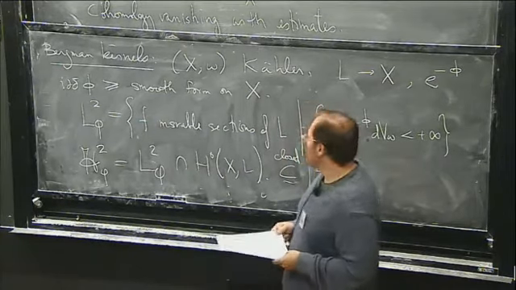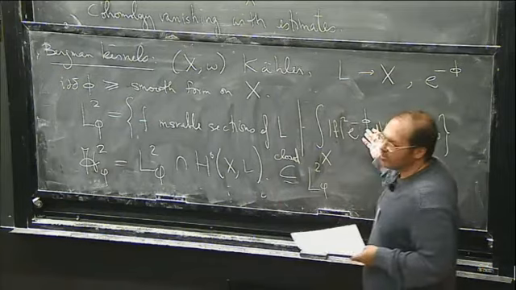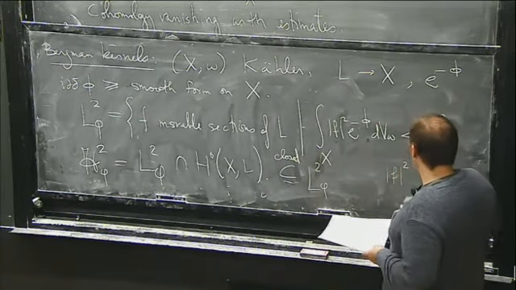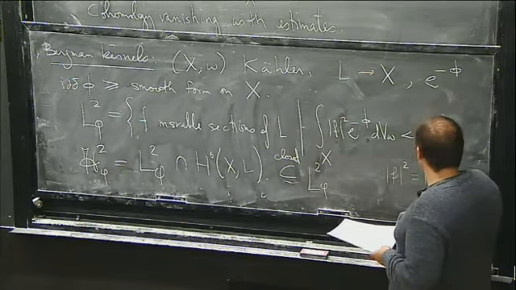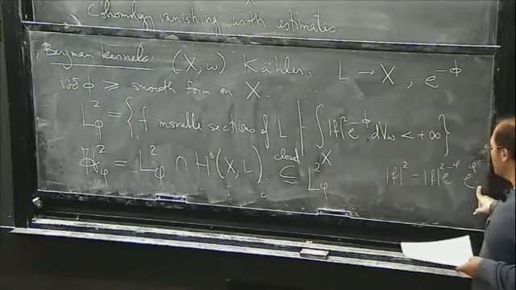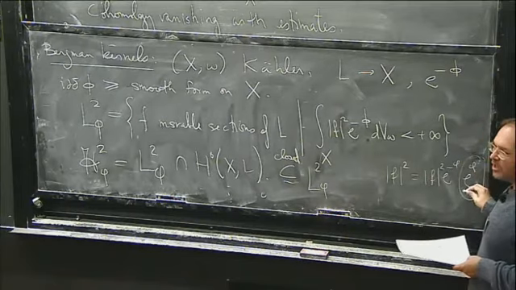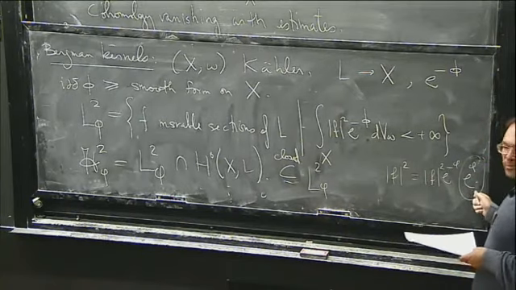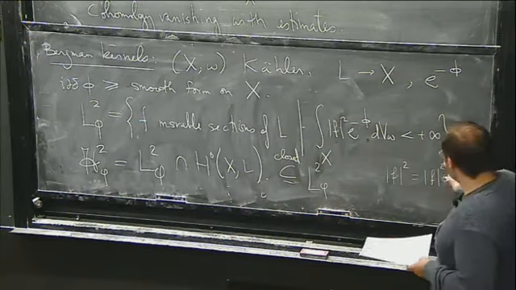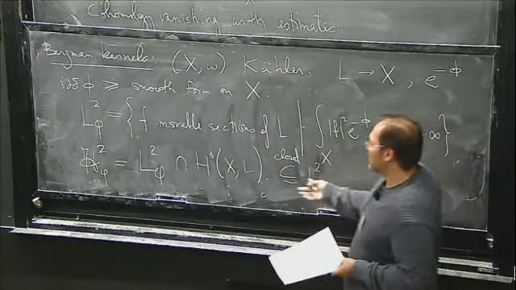Then when you have this weight, if it's locally bounded above, you can write this f squared as f squared e to the minus phi times e to the phi. And if phi is locally bounded above, this thing will come out as a constant, and that constant will appear in the local bound for pointwise evaluation. Okay, so anyway, that's why this is a closed subspace.